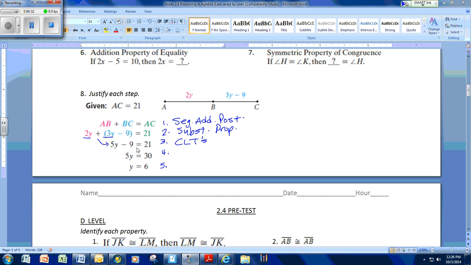It looks like they added 9 to both sides, so that would be the addition property. And finally, the last step would be to divide both sides by 5, so that would be the division property. That concludes the lesson on properties and setting up the introduction to two-column proofs for geometry by using some algebra and some properties.